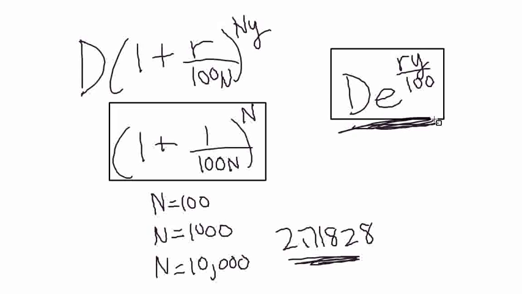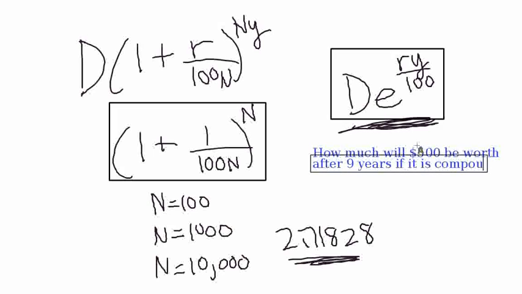So let's do an example. How much will 500 be worth after 9 years if it is compounded instantaneously at 3% for those 9 years?